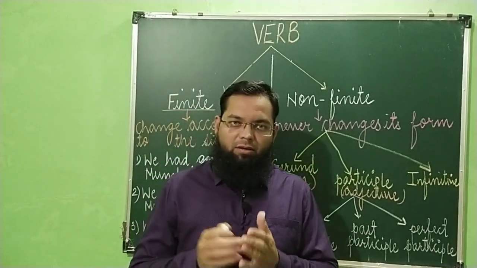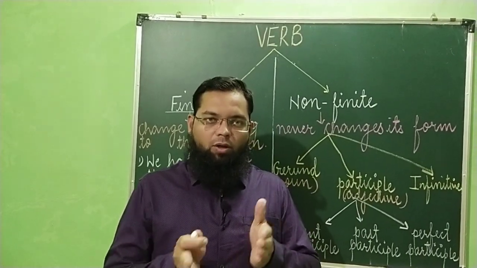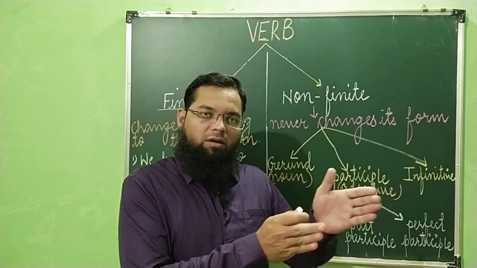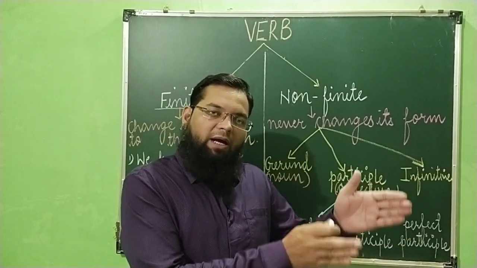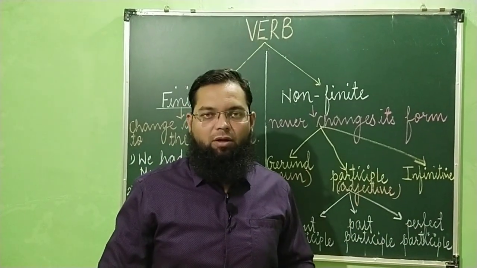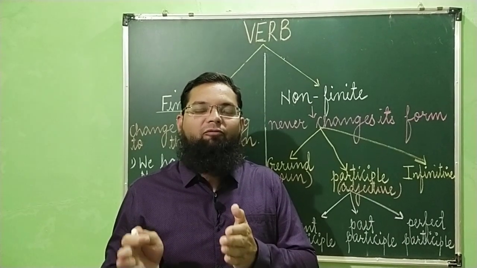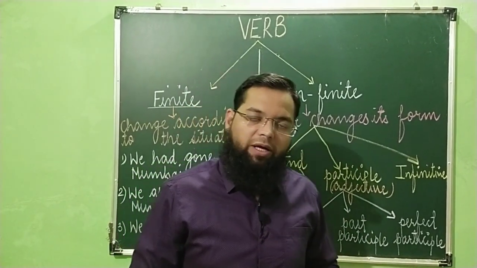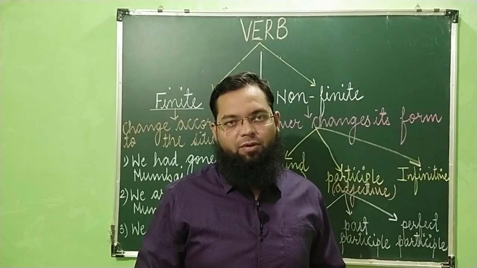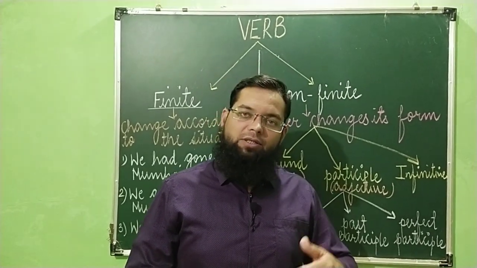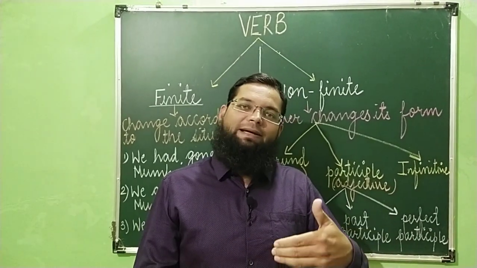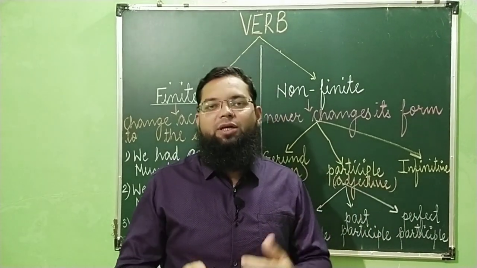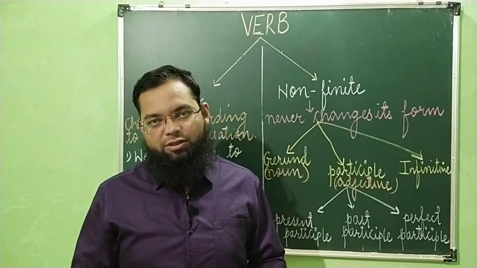Example: write, first form; wrote, second form; written, third form; writes, fourth form; and writing, fifth form. So when a verb has different forms, that verb is called a finite verb. It changes according to the situation, it changes according to the tense, it changes when the subject is changed.